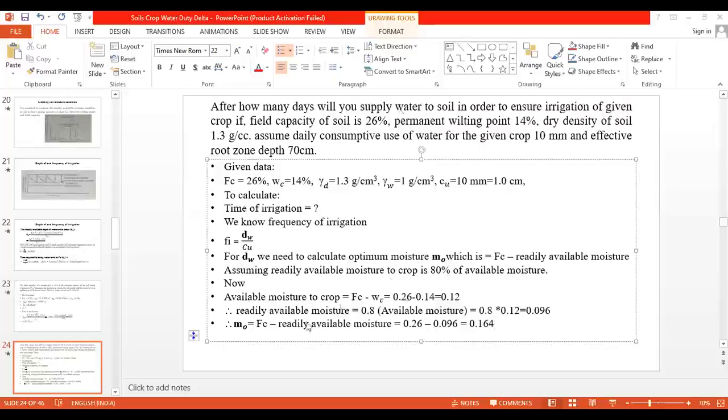It means that about 16.4% moisture content is the lower limit. We can say that 16.4% is the lower limit of moisture content, after which we need to go for irrigation.